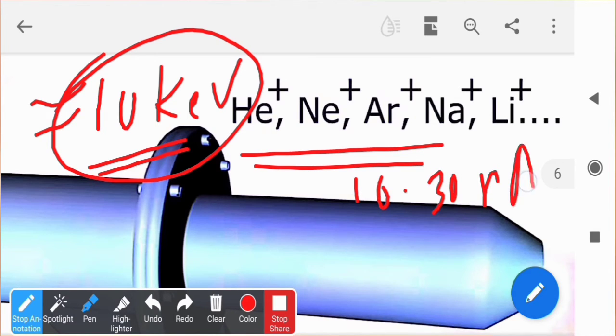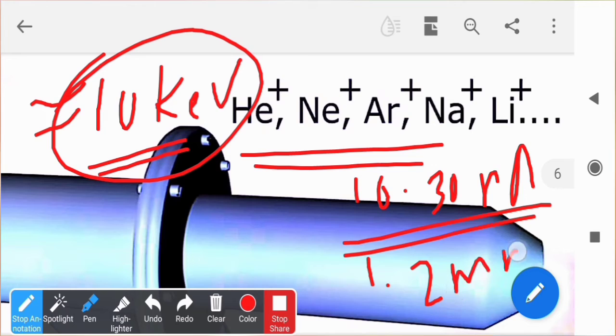So this much current is generated by using these ions. These ions produce a good reproducible yield with a spot size of around 1 to 2 millimeter. Overall we get reproducible primary ions that we are going to make incident on the target material.